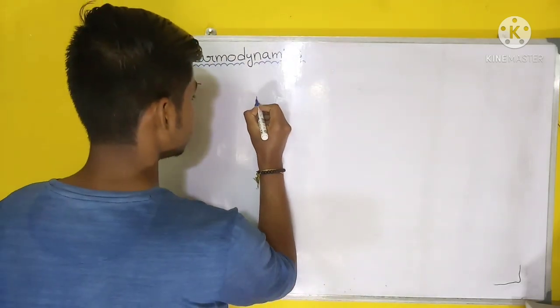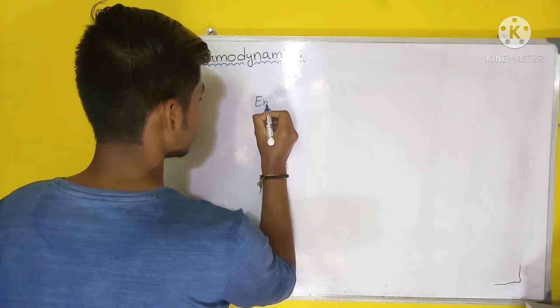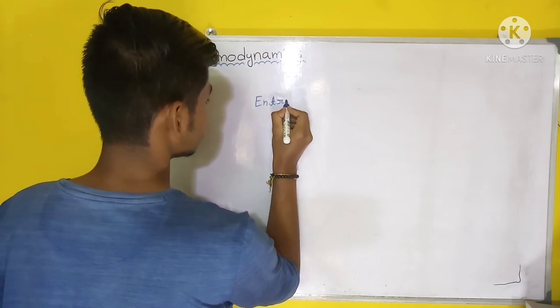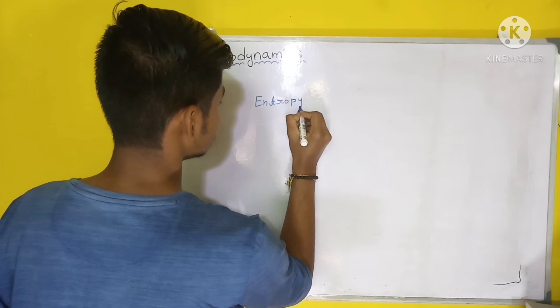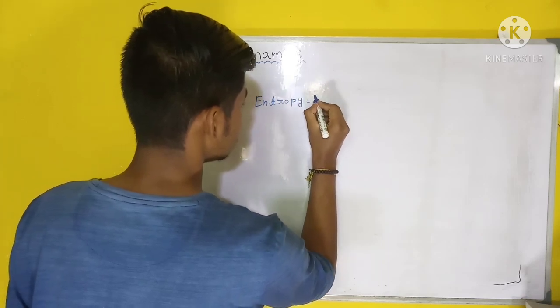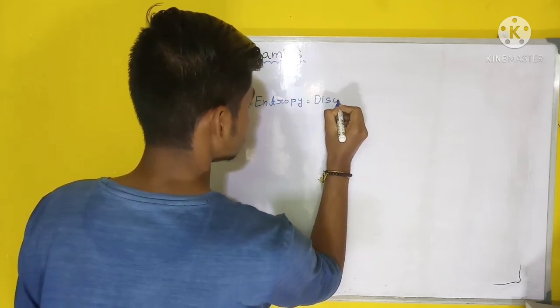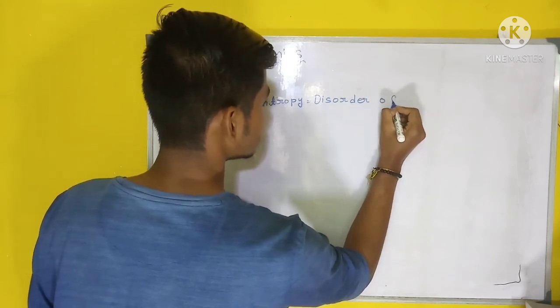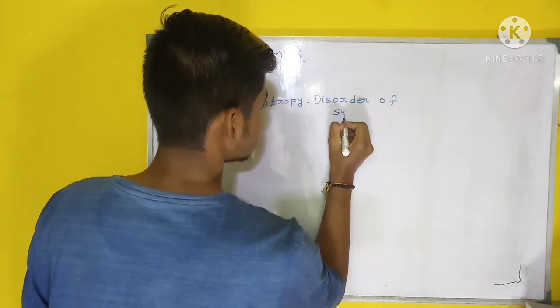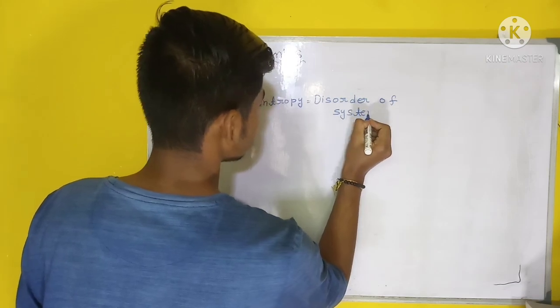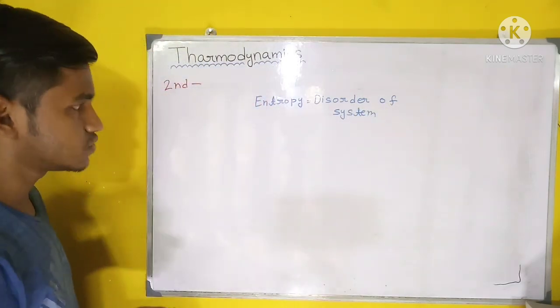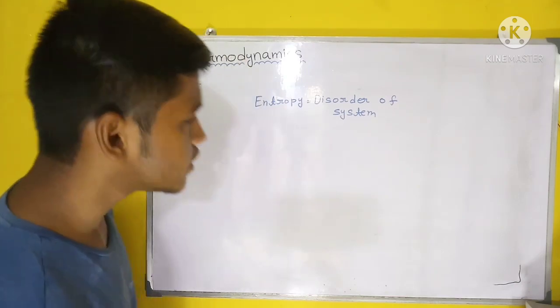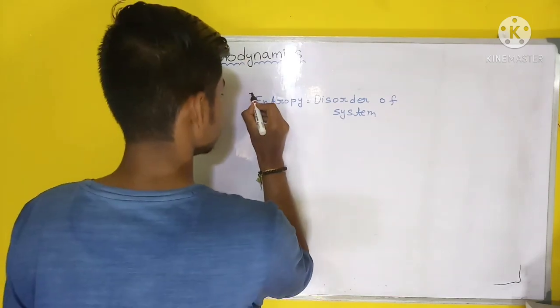So entropy is actually the disorder of a system.